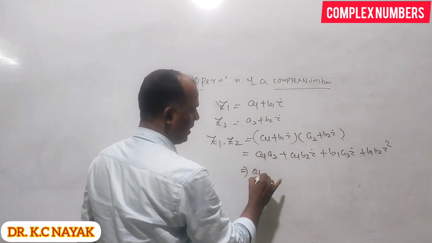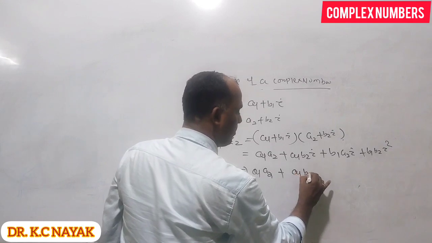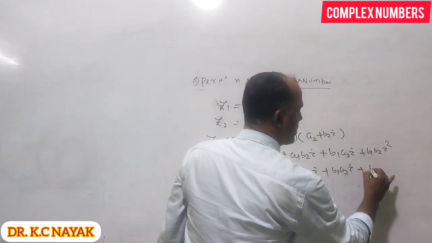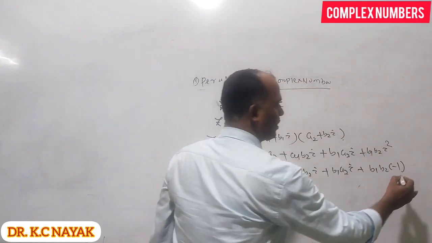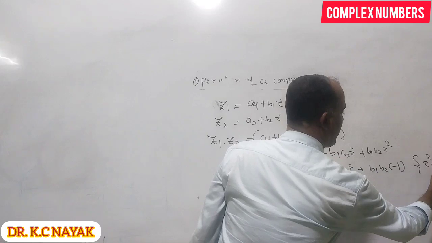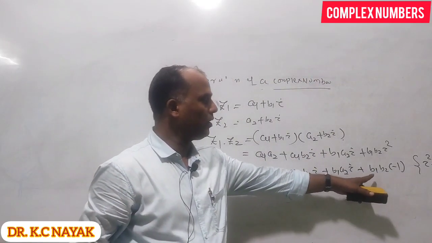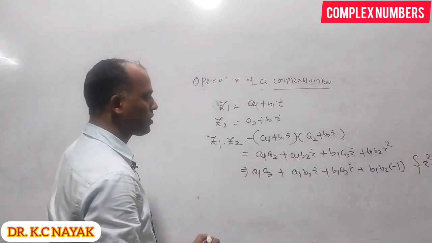So a1 a2 plus a1 b2i plus b1 a2i plus b1 b2, we may put i square is equal to minus 1. We know from before the integral powers of i, that i square is equal to minus 1. So in that position we put b1 b2 i square equal to minus 1.